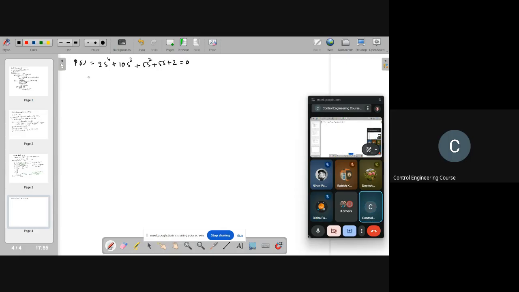Then the root array we can compute by formulating like this: s power 4 till s naught, s square, s power 1, s naught. Then alternately you have to put these coefficients: 2, 10, 5, 5, 2. Now this one will be the product of this one and this minus this one divided by this 10.